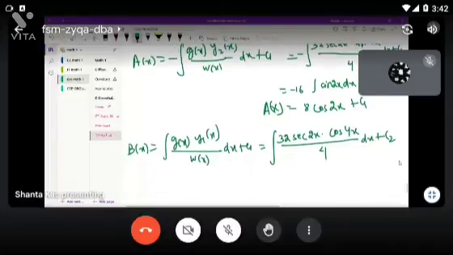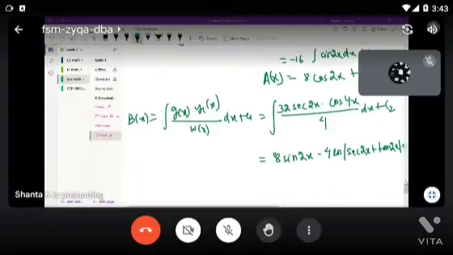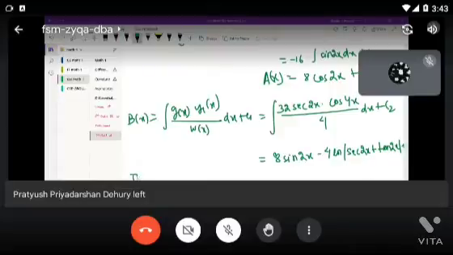What is the answer here? 8 sin 2x minus 4 log of sec 2x plus tan 2x. Are you getting this much? Yes, ma'am. Plus c2.